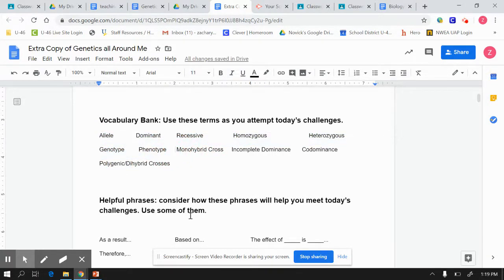And then stuff that is new to us as of last week: monohybrid cross, incomplete dominance, codominance, polygenic, and dihybrid crosses. You'll probably use most, if not all, of these terms at some point in today's challenges. If you don't know what these mean, then think about where you're going to get that information prior to beginning those challenges.